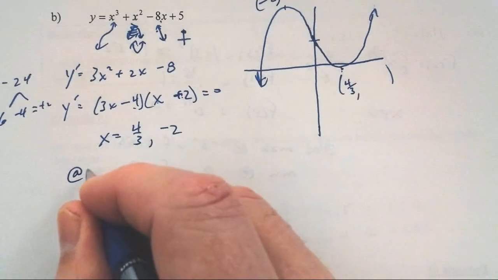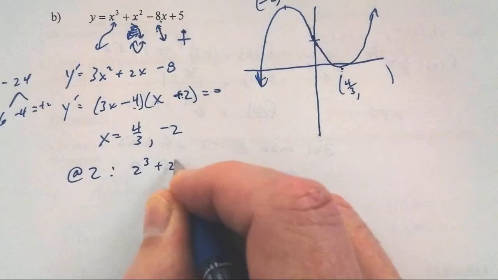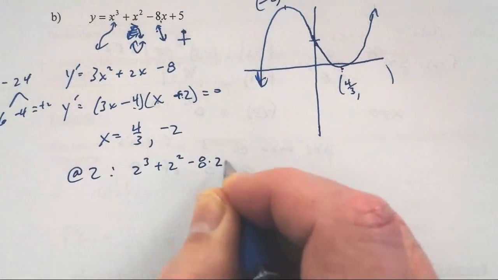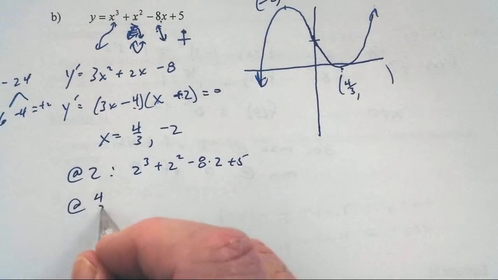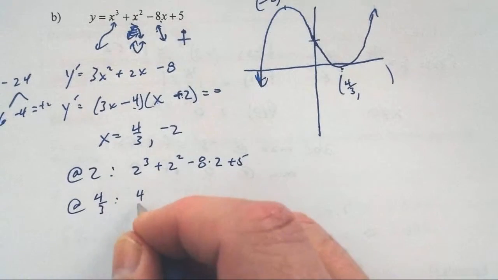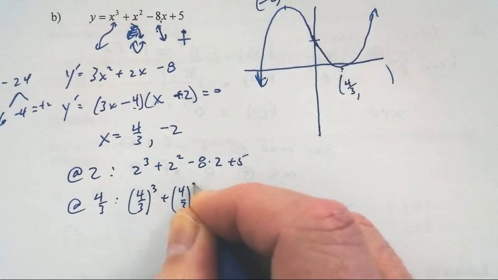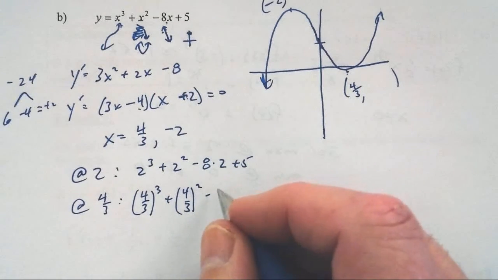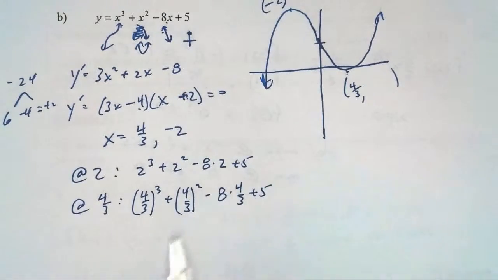So at negative 2 we've got negative 2 cubed plus negative 2 squared minus 8 times negative 2 plus 5. At 4/3 we've got 4/3 cubed plus 4/3 squared minus 8 times 4/3 plus 5.